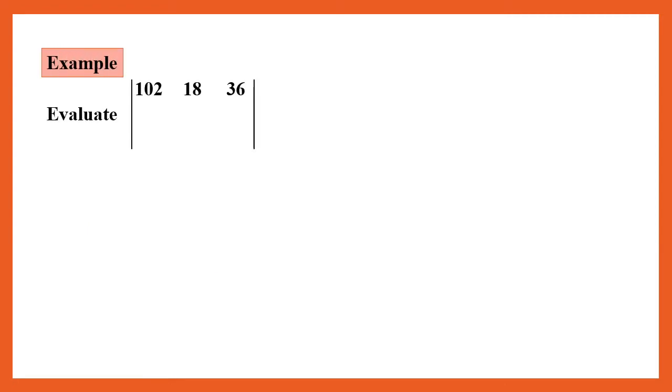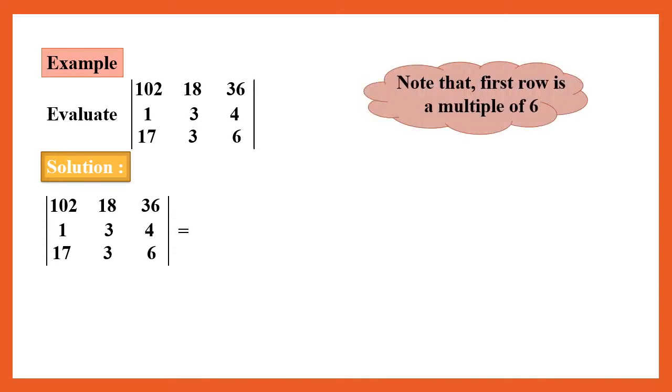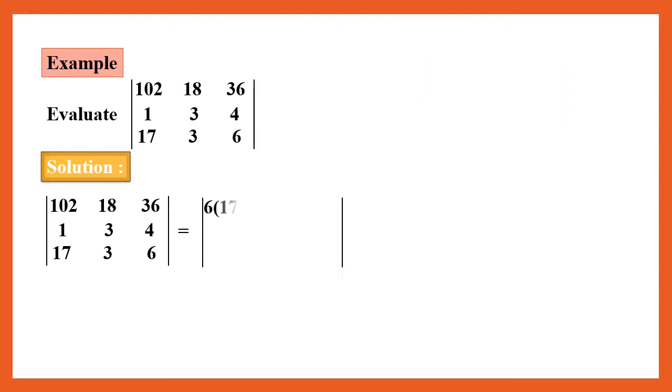So evaluate the determinant 102, 18, 36, 1, 3, 4, 17, 3 and 6. So the first row is a multiple of 6.